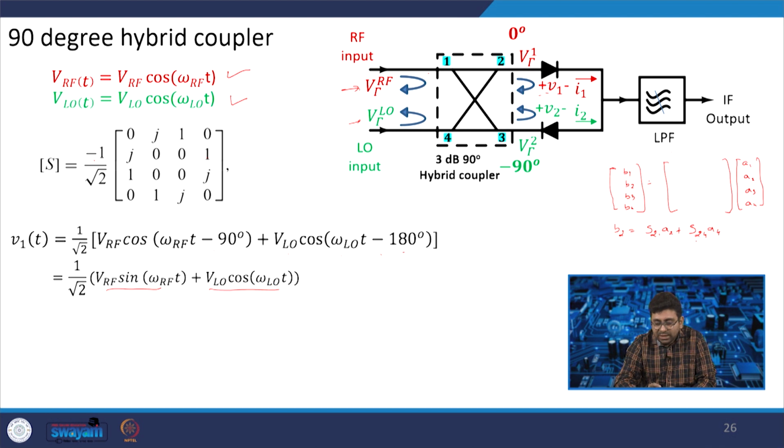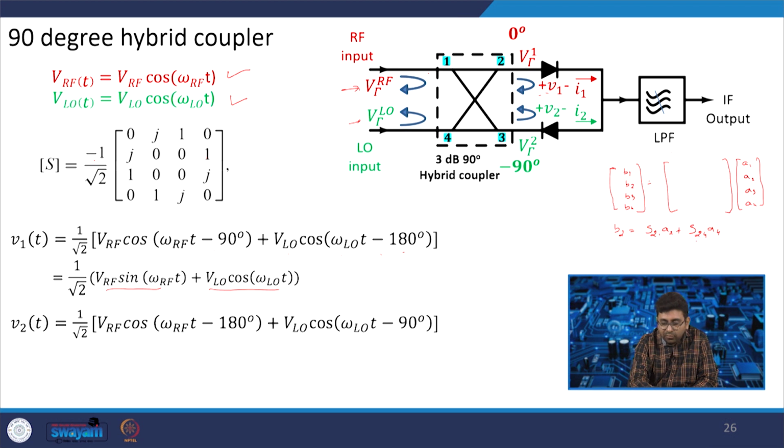Now, we try to see the voltage across V2. The voltage across V2 means it is B3. B3 is S31 A1, sorry, S31 A1 plus S34 A4.